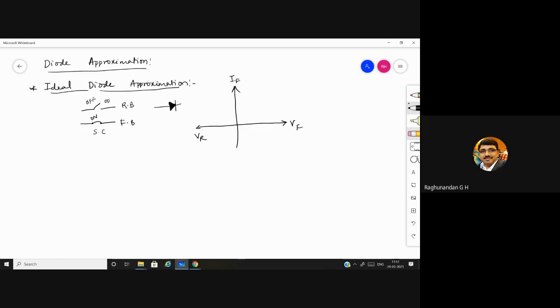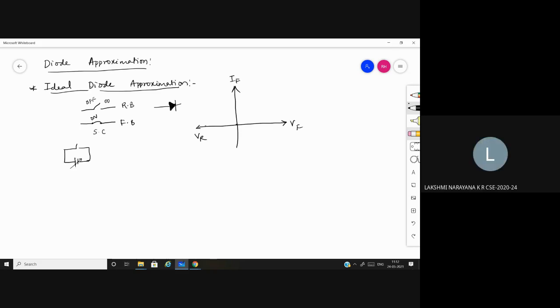So what will be the current in the reverse bias condition according to this situation? It is like this. We are connecting it to a battery and we are having a switch. I'll be increasing the voltage across this battery. What happens to the current through the circuit?